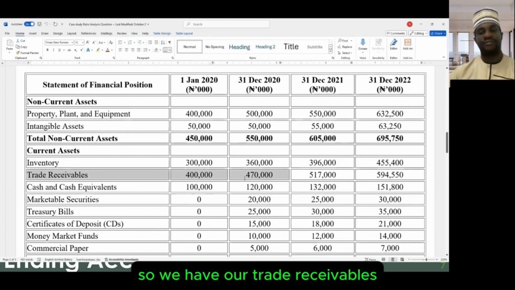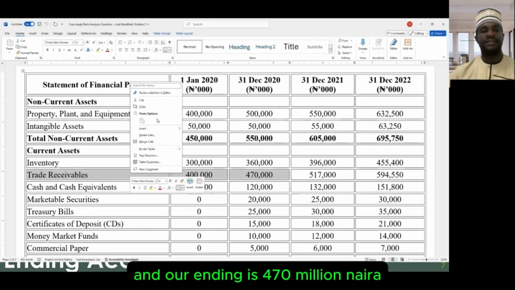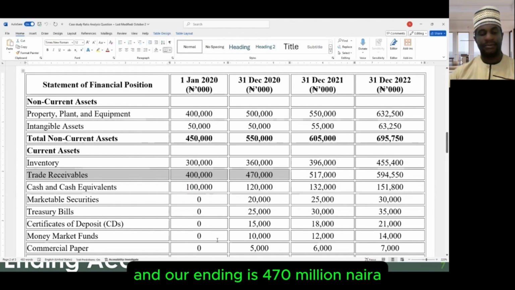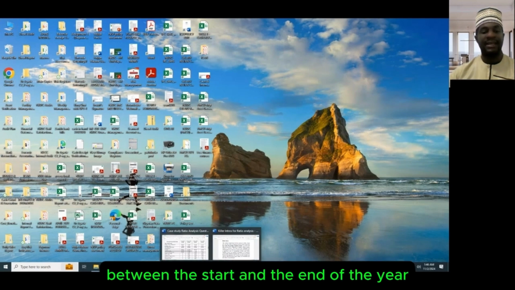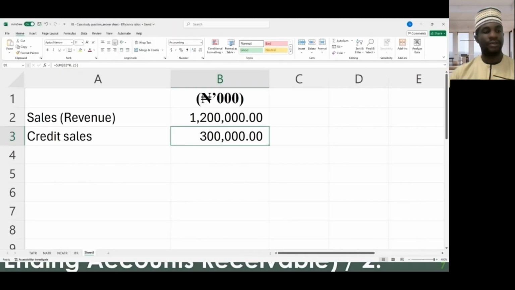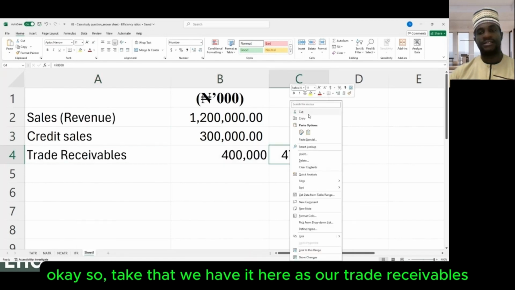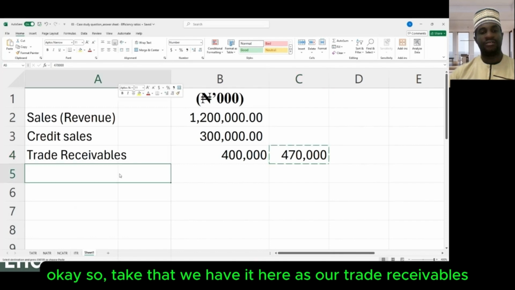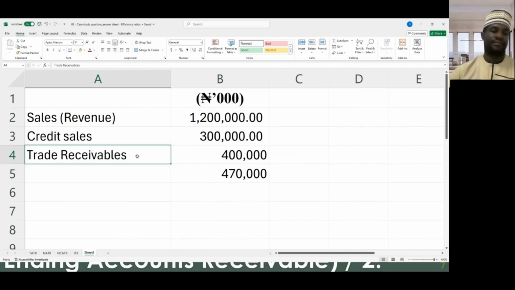So we have our trade receivables. Our trade receivable at the beginning is 400 million naira, and the ending is 470 million naira, depicting practically an increase from the start to the end of the year. Okay, so take that, we have it here as our trade receivables. So let me have the beginning.